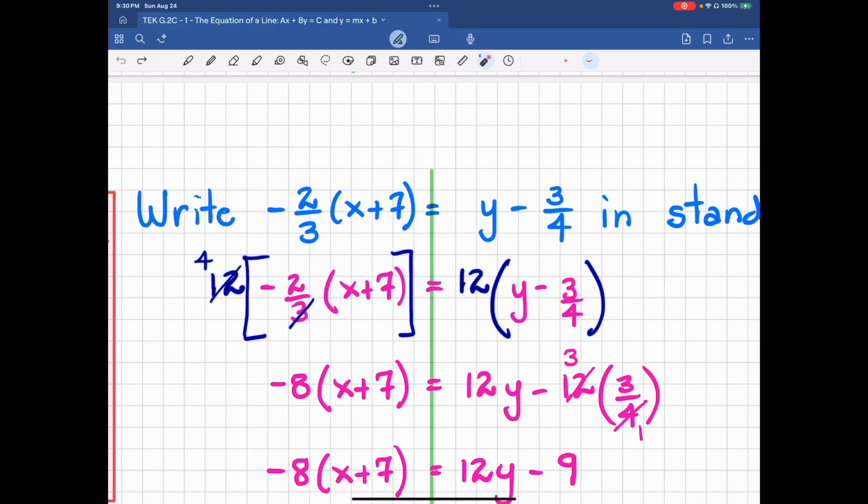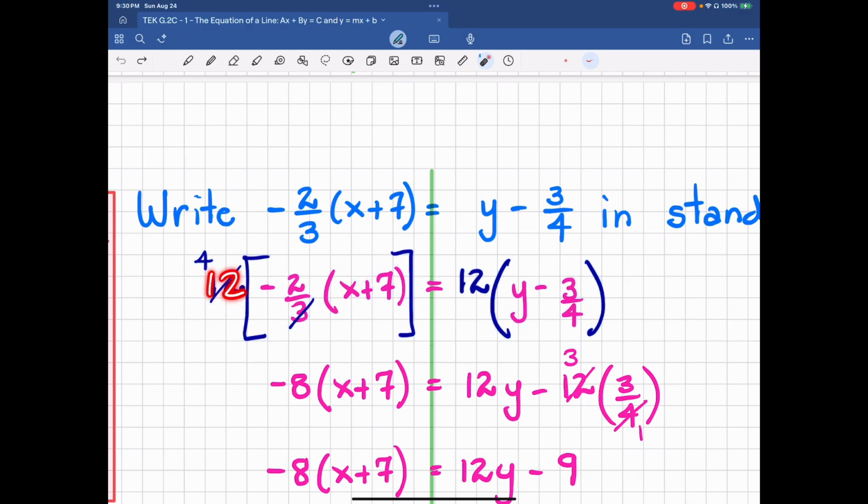On the left, again, I have 12, I have -2/3 as a factor, and I have x plus 7 as a factor. On the right, I have two factors, 12, and then y minus 3/4. So I'm just going to multiply through by the 12.